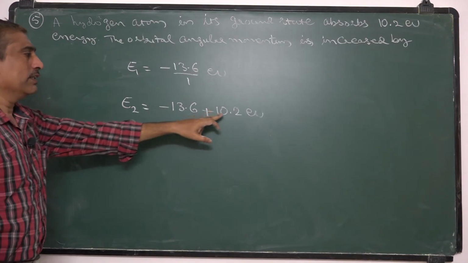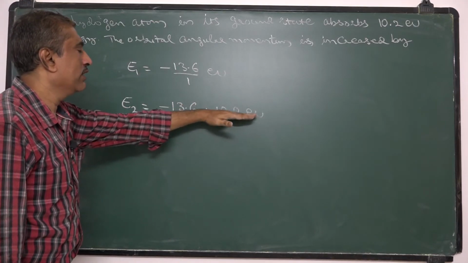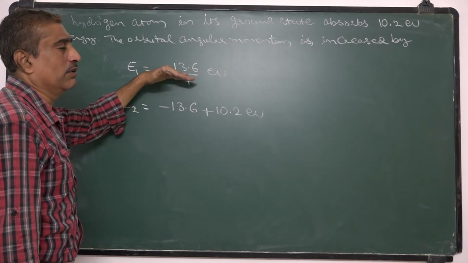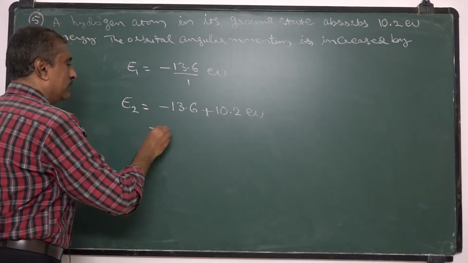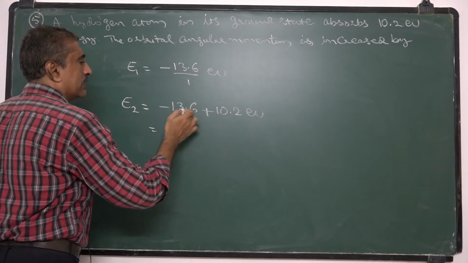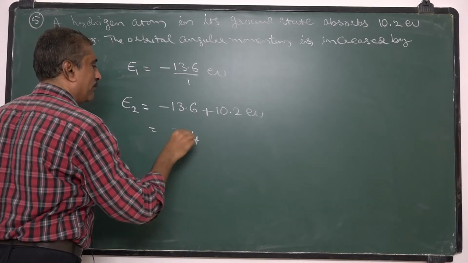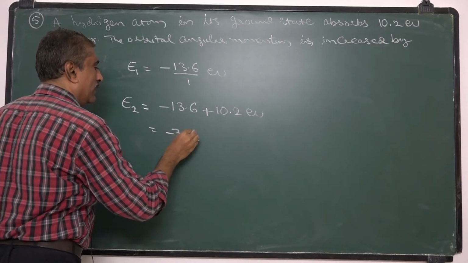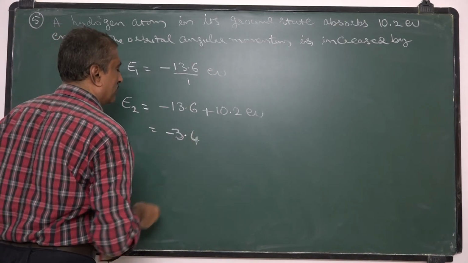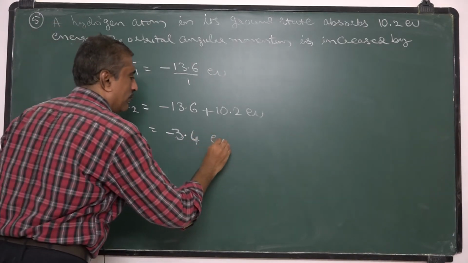Okay, that means 10.2 electron volt of energy is added to the electron in this ground state. Now this energy becomes minus 13.6 plus 10.2, that is minus 3.4 electron volt.